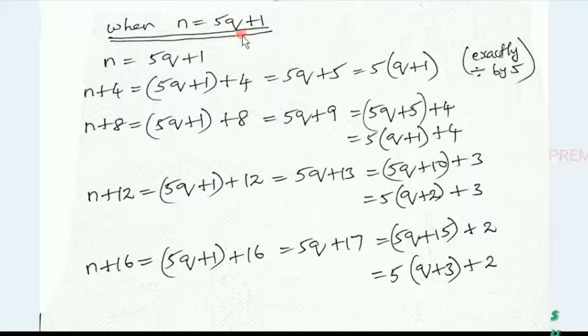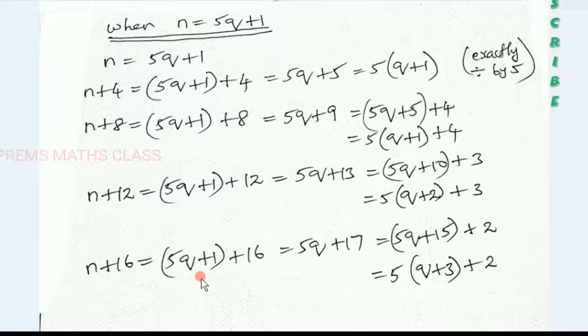Next, n+12. Substitute n equal to 5q plus 1 plus 12. 12 plus 1 is 13. This 13 can be written as 10 plus 3. Now take 5 common from these two: 5 into q plus 2, plus 3. So here the remainder is 3, so not divisible by 5. Next, n+16.